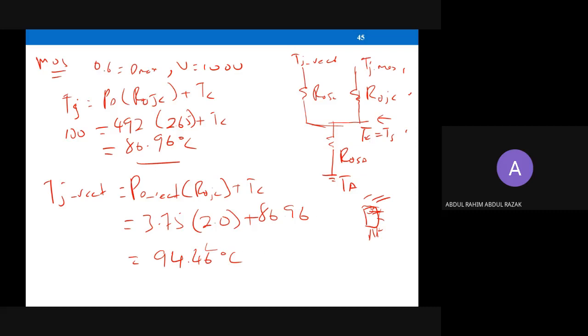So at this point, TS is equal to PD, and PD which comes from here and also here is the PD sum or PD total, times R thermal SA plus TA.